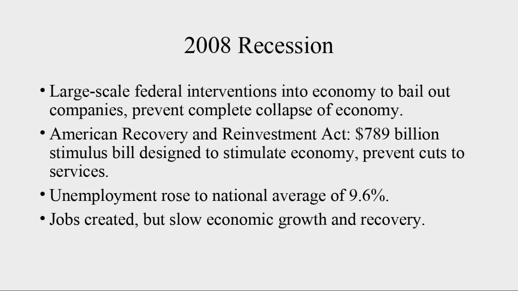And then when that person had moved in, the interest rate would go up. Then that person couldn't pay the loan, they would default, and the house would go into foreclosure. So the housing industry collapsed, which led to the banking industry and Wall Street collapsing, which led to the auto industry collapsing. So we had to have a massive federal intervention to prevent the complete collapse of the economy.